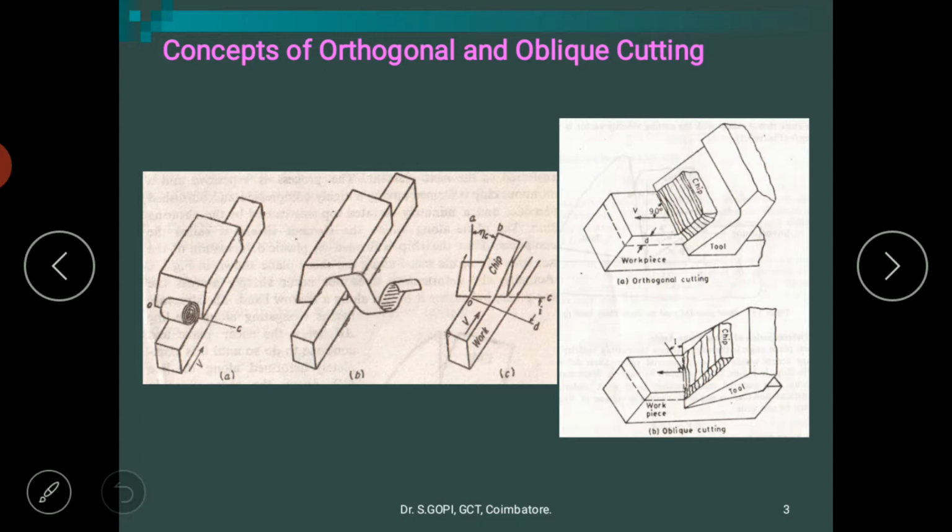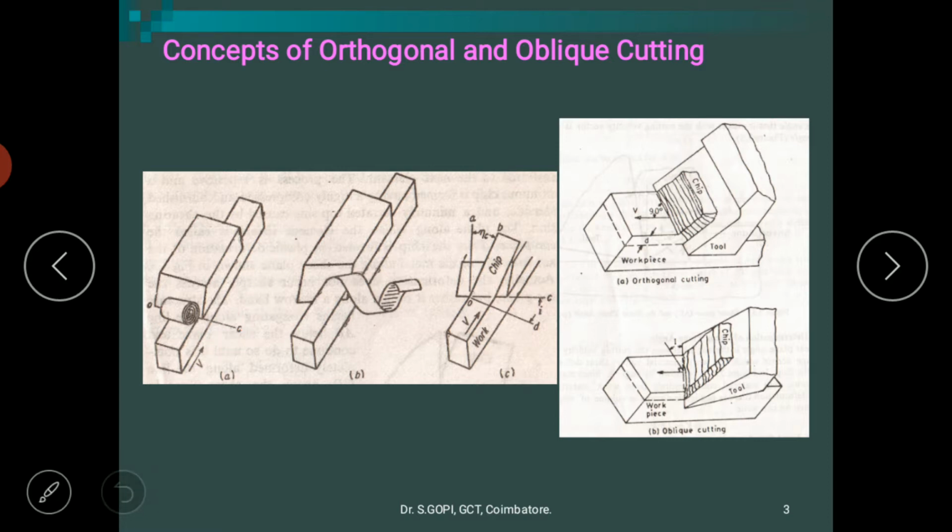Due to this curling of the chip, heat accumulates and is concentrated under the cutting edge as well as on the rake surface. So the tool life may reduce, and there is a possibility of built-up edge formation in orthogonal cutting. And due to this accumulation of heat and built-up edge, the surface finish of the machined surface may be affected in orthogonal cutting.